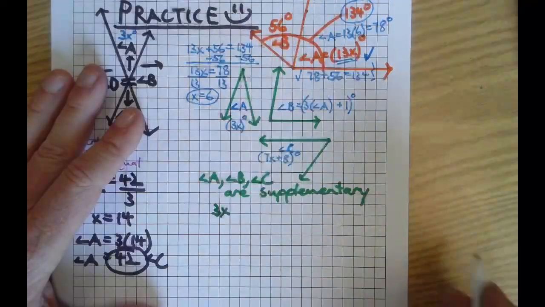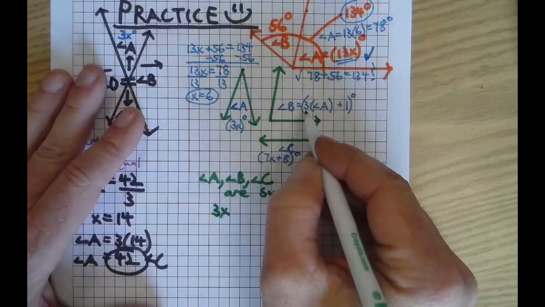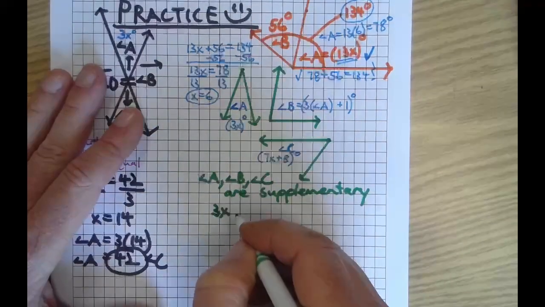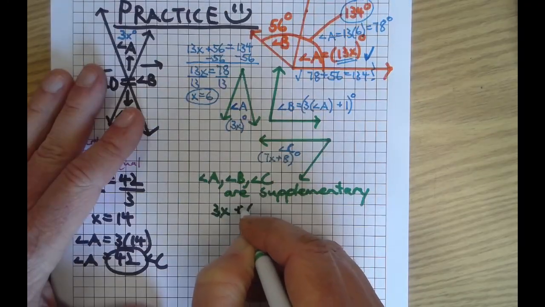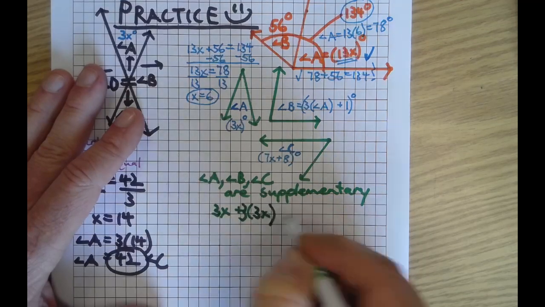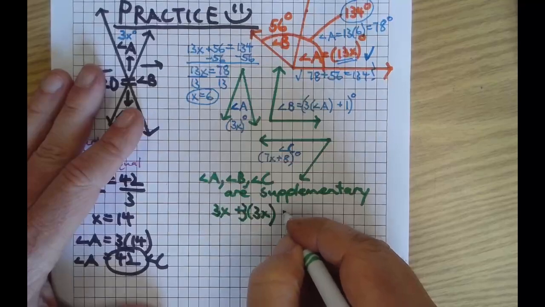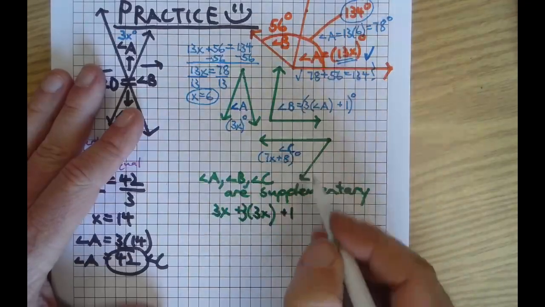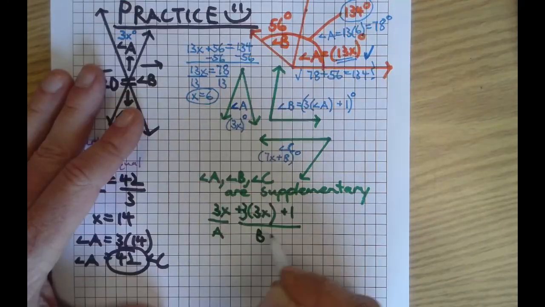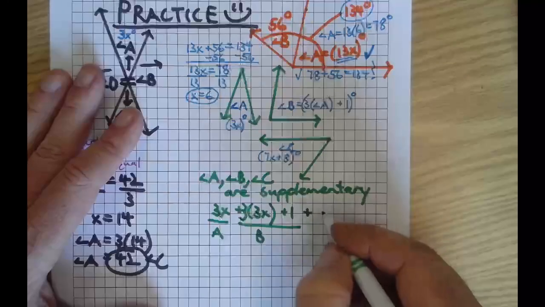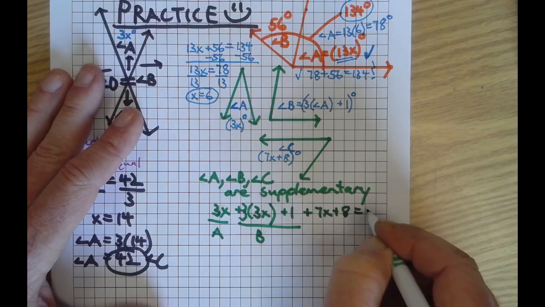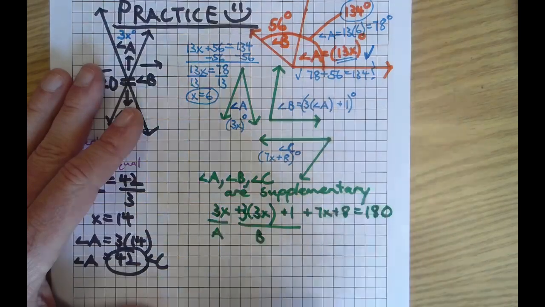That's angle A. Angle B is 3 of angle A's, plus 1. Here's A. Here's B. And then C is 7x plus 8 degrees. And that all equals 180.